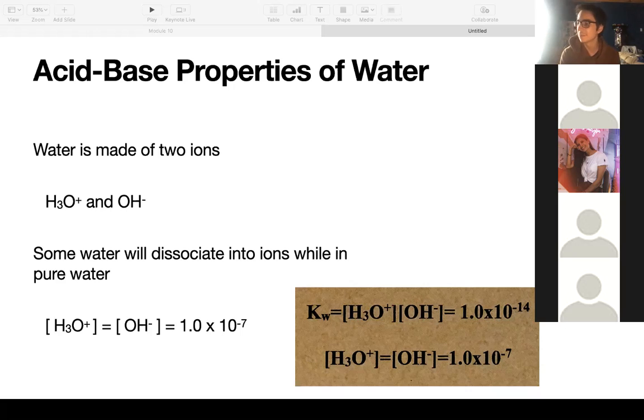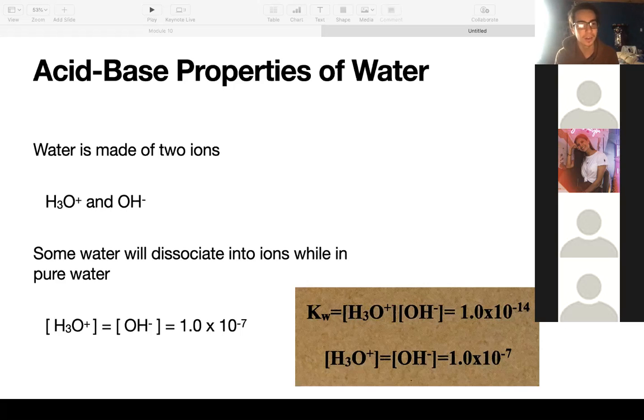You may hear people refer to H pluses as protons, and protons, H3O plus and H plus all mean the same thing whenever you see that in literature or in problems.